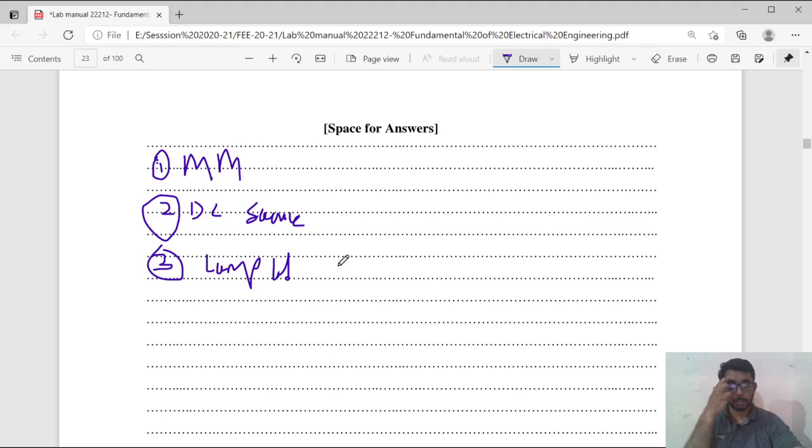So, what to do in this part as per the above circuit diagram given here. Let me draw another circuit diagram for the task. Let us assume this is a dry cell.